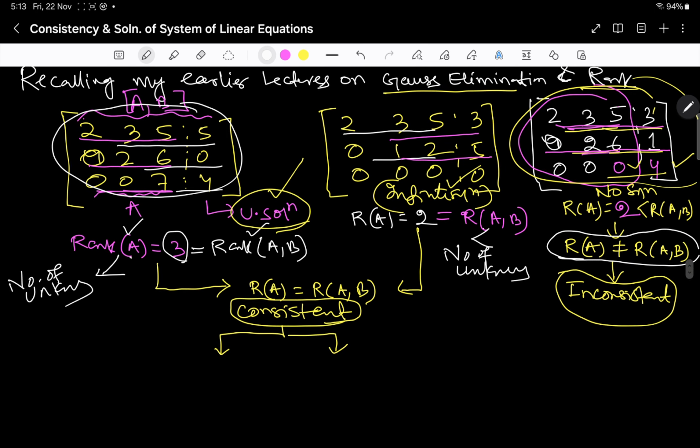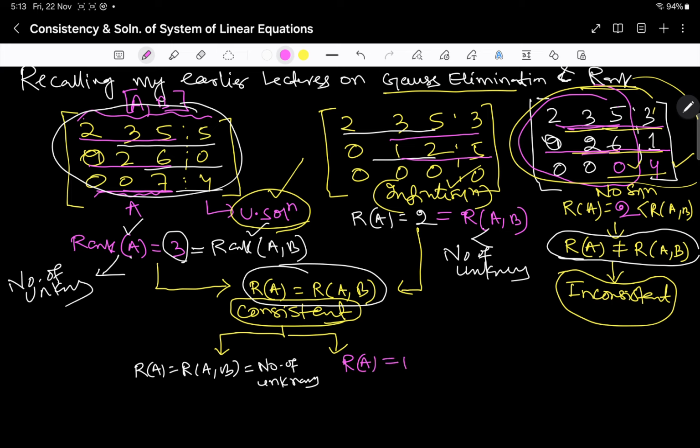The system is consistent if rank A is equal to rank AB, and it is a unique solution if rank A is equal to rank AB is equal to the number of unknowns. And here rank A is equal to rank AB is less than the number of unknowns.